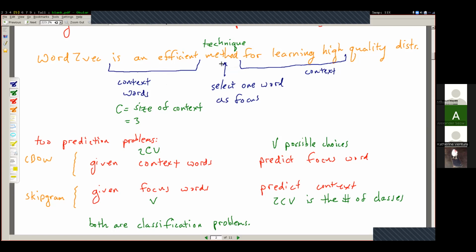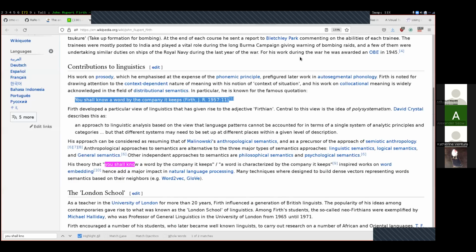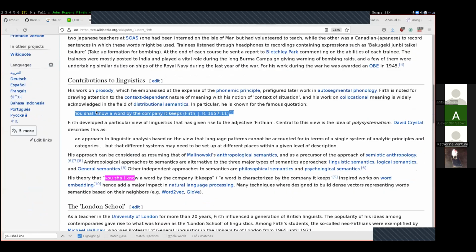This idea that the meaning of a word can be inferred from the context of the word is something that linguists have known about for a long time. There's this very famous linguist, John Rupert Firth, and he had this phrase that you shall know a word by the company it keeps.